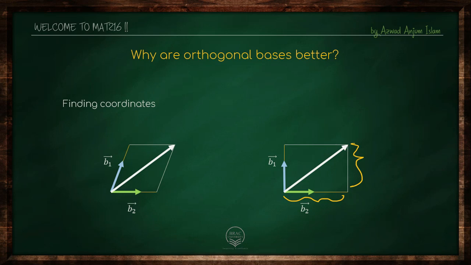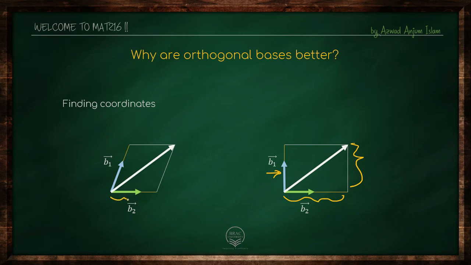And these are just the projection of this vector onto the 2 basis vectors. So this coordinate is going to be the projection of the vector onto this vector, and this coordinate is going to be the projection of the vector onto this vector, right? Very simple, very easy. The same cannot be said for this one.